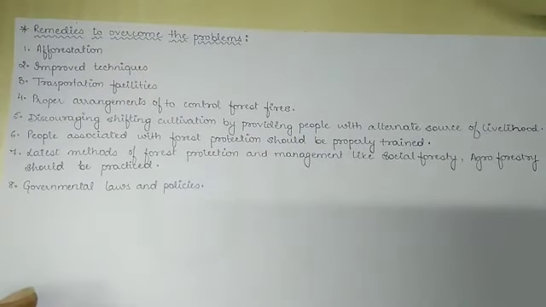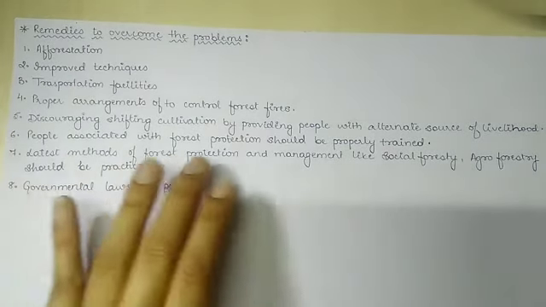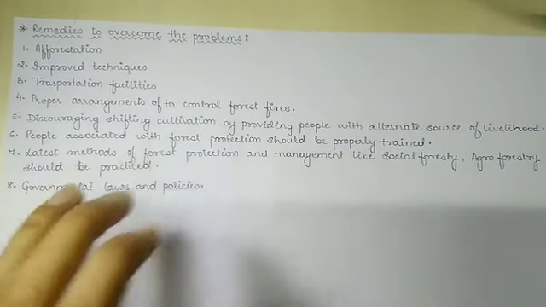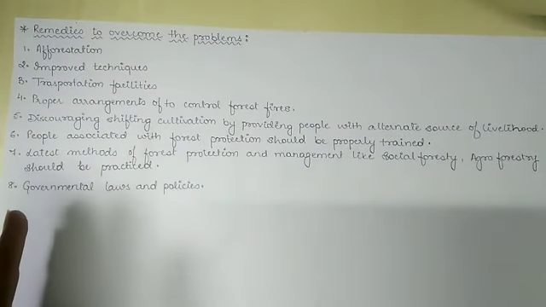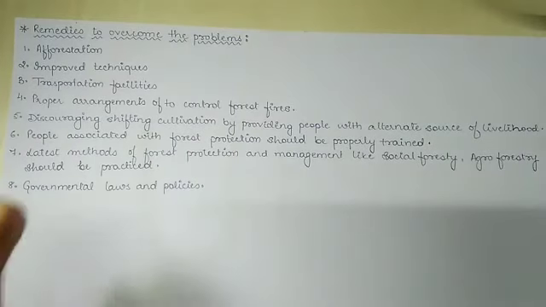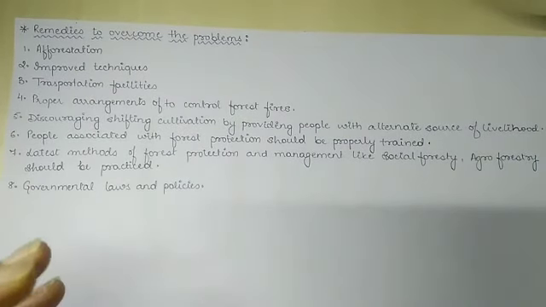Next is people associated with forest protection should be properly trained. Like as we have discussed, the forest fire, the professionals associated with this should be properly trained. And all the other people associated with the forest should be properly trained.